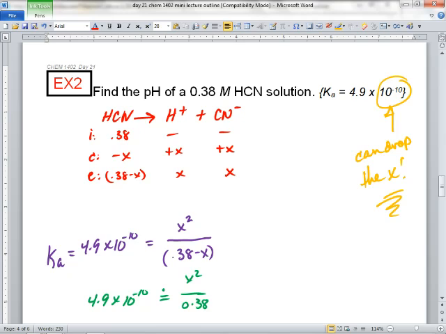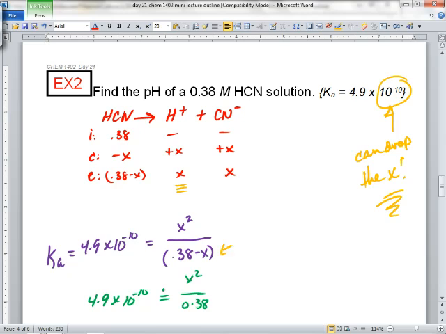That is a really big equilibrium constant, or it's a really small equilibrium constant? It's extremely small. That means I'm going to have a lot of product or a little bit of product. A very small amount. Well, if I have a very small amount, that means x has to be extremely what? Small. X is really small. Well, I'm taking 0.38 minus x.